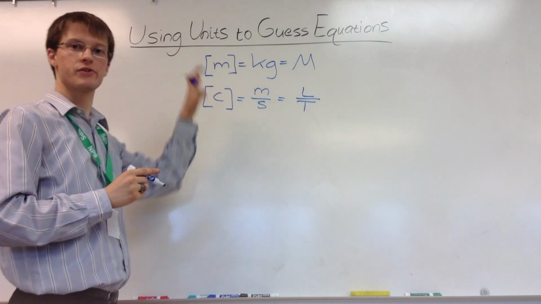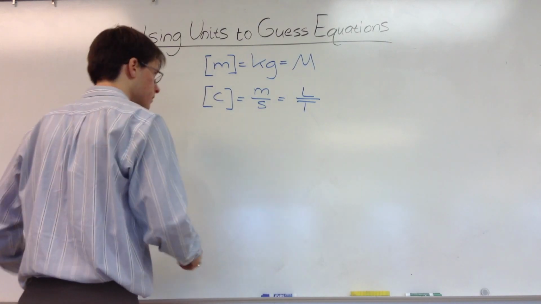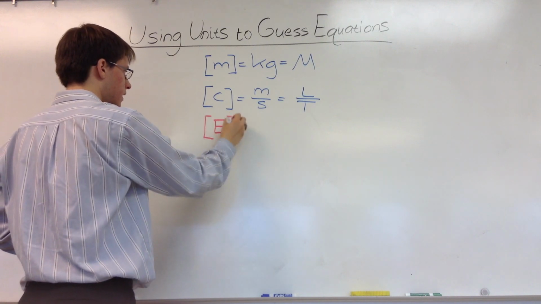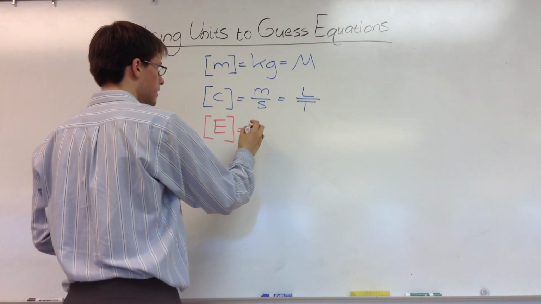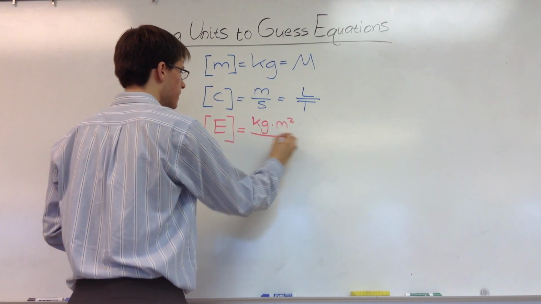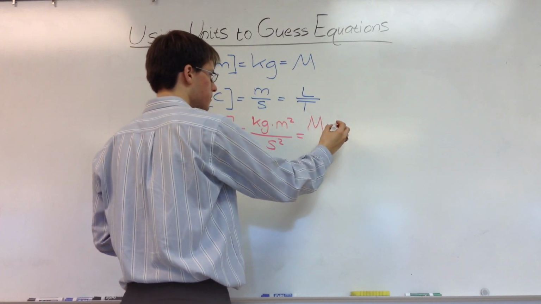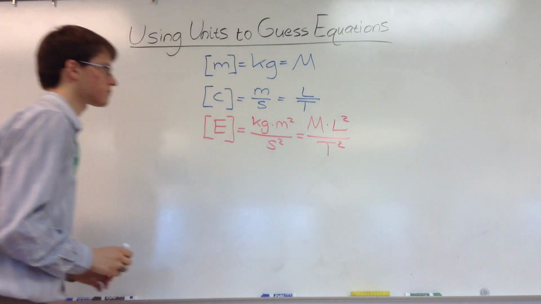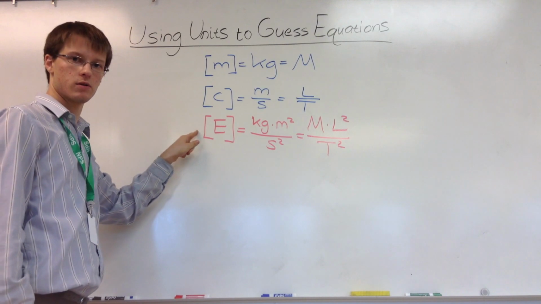And I want to relate these two, and from it, I want to somehow obtain an energy. And energy has units of joules, which can be broken down into kilograms times meters squared divided by seconds squared, or mass times length squared divided by time squared. So I need to use these two to get to this one.